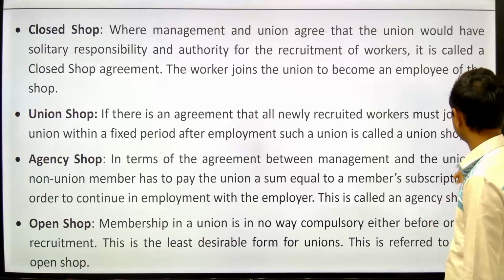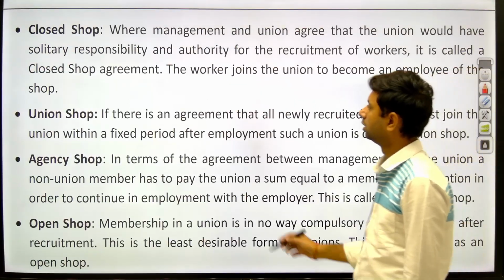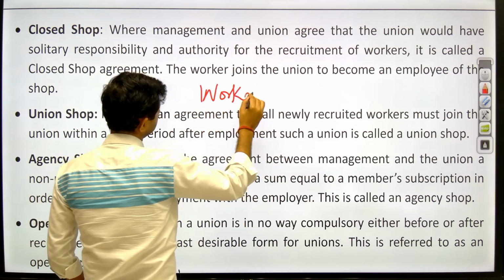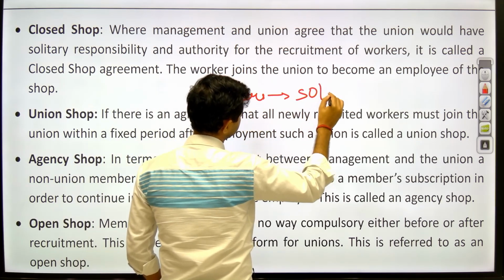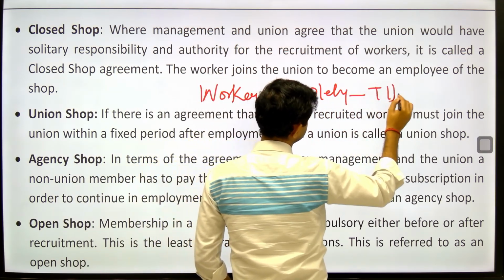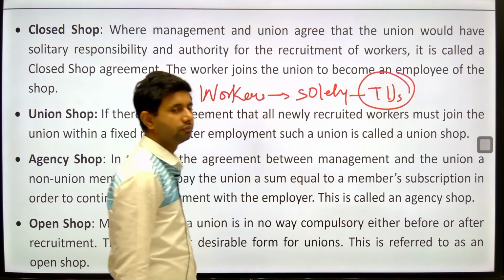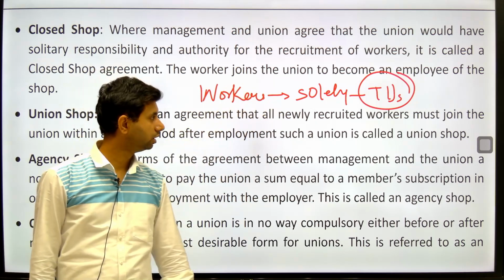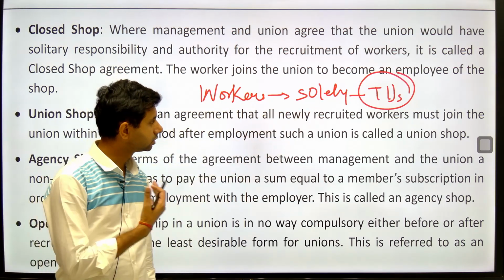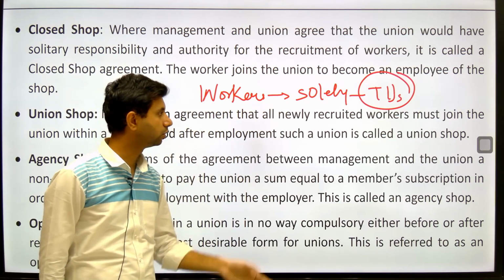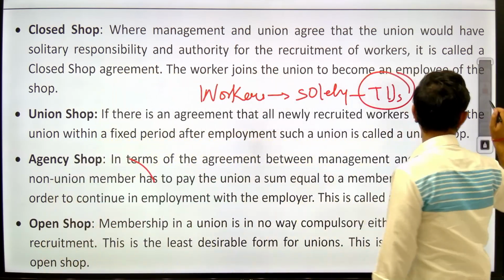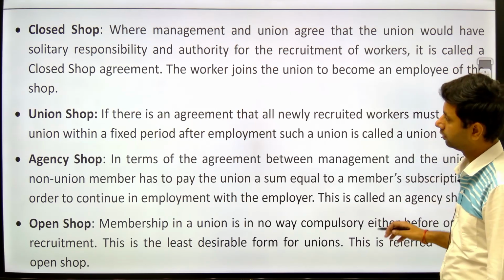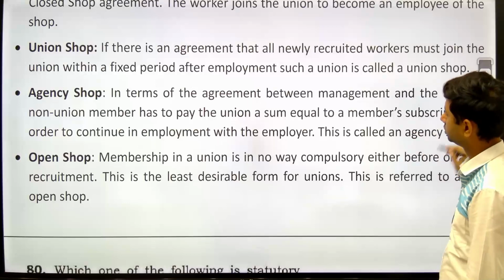Under the closed shop security measure, the recruitment of workers is solely given to trade unions. Every responsibility with respect to recruitment of workers and their joining is solely given to the trade unions. That's why it is known as closed shop. There is no involvement of the management, and no freedom is given to the workers with respect to joining or non-joining of trade unions.